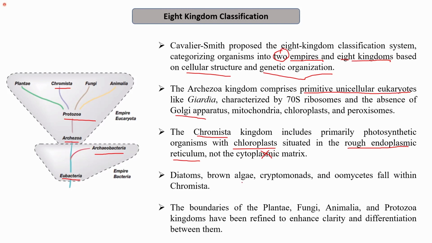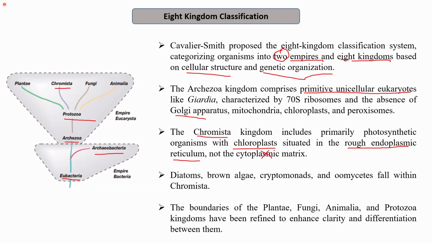So this is a line of difference between the kingdom Chromista and kingdom Plantae, where the chloroplast is present in the cytoplasmic matrix in plants, but in the rough endoplasmic reticulum in the case of Chromista.